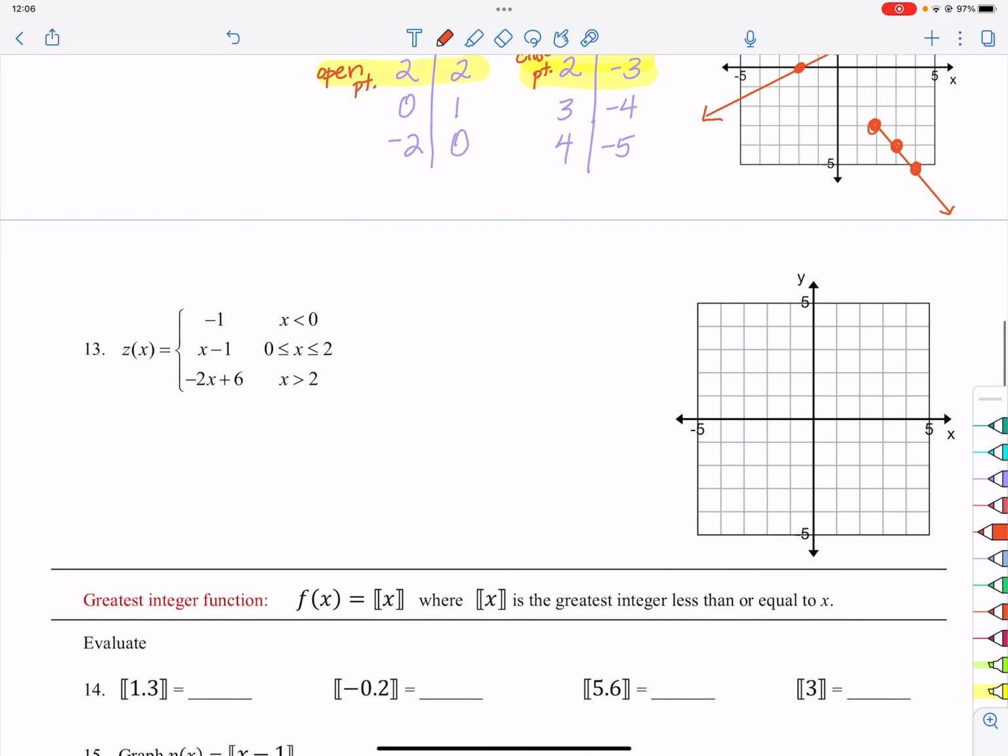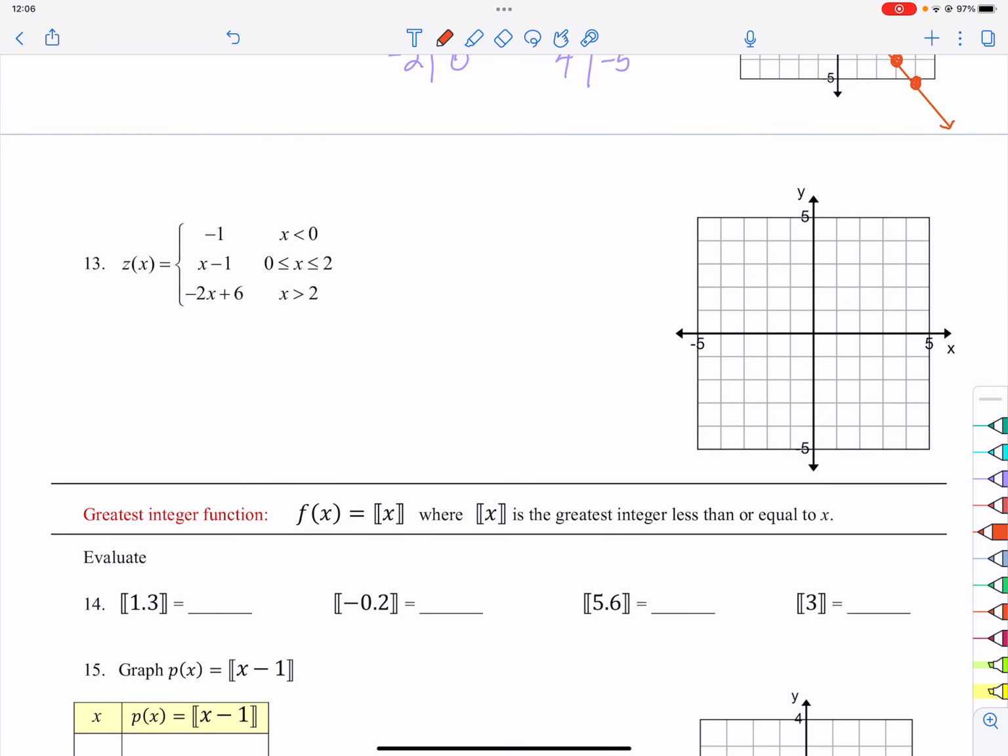Let's look at number 13. And again, we have a piecewise function. And we'll have 3 different graphs this time. We'll just write them down. We have y equal to -1. We have y equal to x minus 1. And y equal to -2x plus 6.